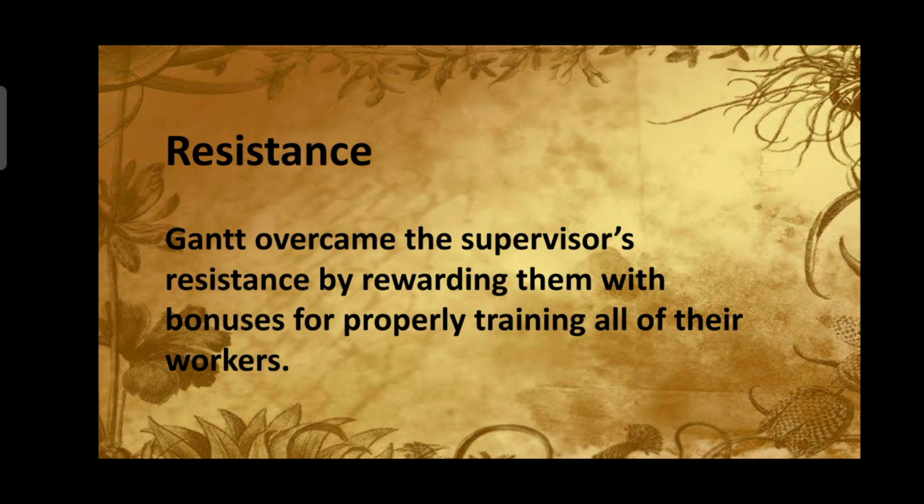At that time, however, supervisors were reluctant to teach workers what they knew for fear that they would lose their jobs to more knowledgeable workers. So Gantt overcame the supervisors' resistance by rewarding them with bonuses for properly training all of their workers.